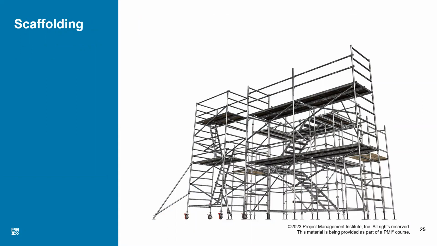Examples here: scaffolding, a kind of like building a structure where people stand on to be able to construct. You see, that's what we call scaffolding. How will you build that one?